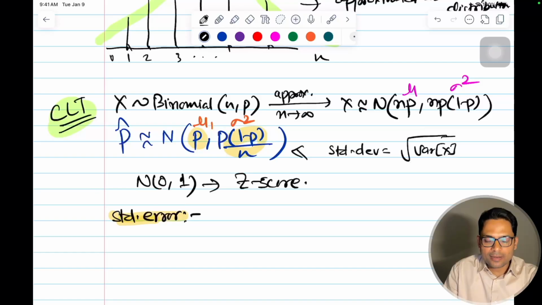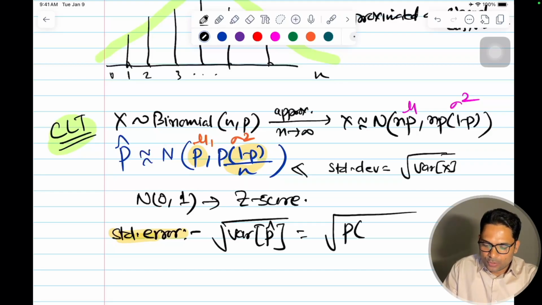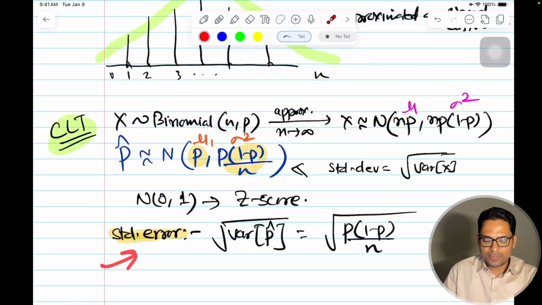So what will be our standard error here for approximations? That will be the square root of the variance of my sample proportion, which has been computed as p into 1 minus p by n. I hope this is clear. So the parameters will change, but this is just the standard deviation of the new parameter which has come into play because of the central limit theorem.